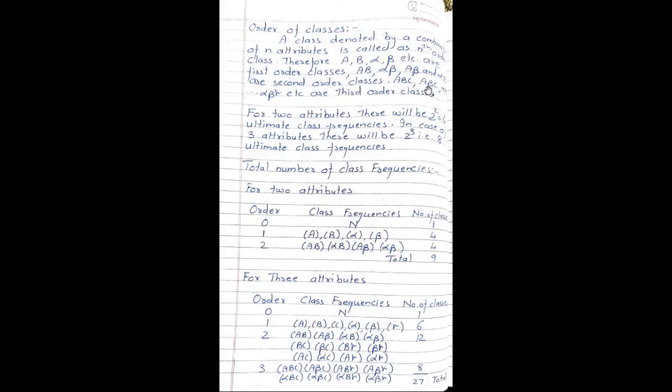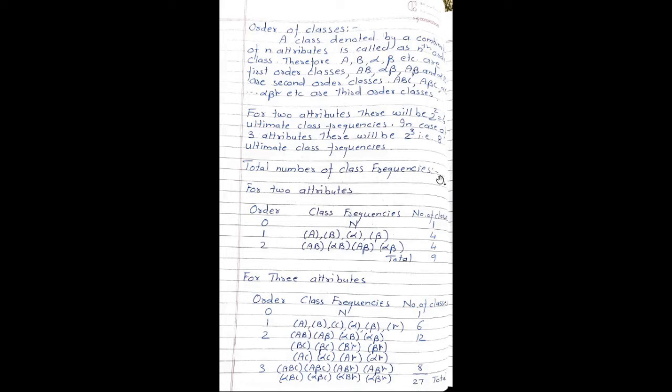ABC, A beta C, alpha BC up to alpha beta gamma, etc. are third order classes. So for two attributes, there will be 2 raised to 2, that is 4 ultimate class frequencies. In case of 3 attributes, there will be 2 raised to 3, that is 8 ultimate class frequencies.